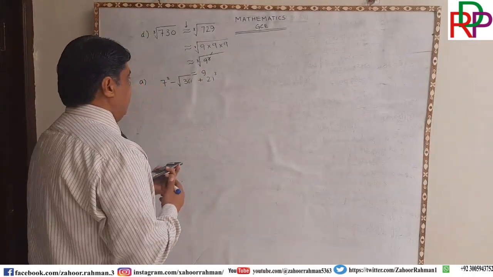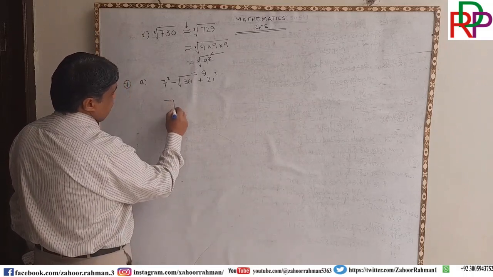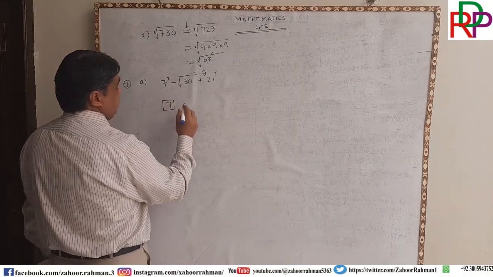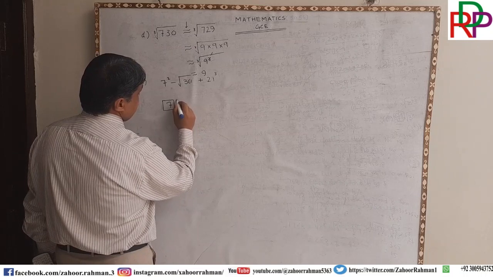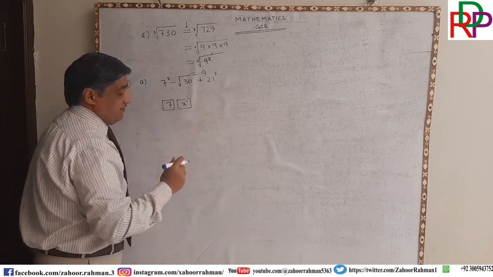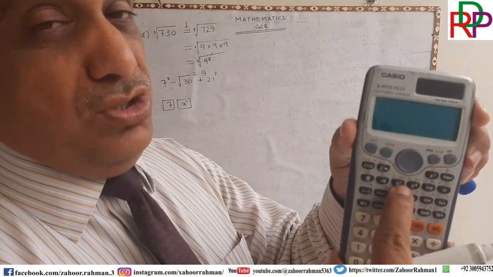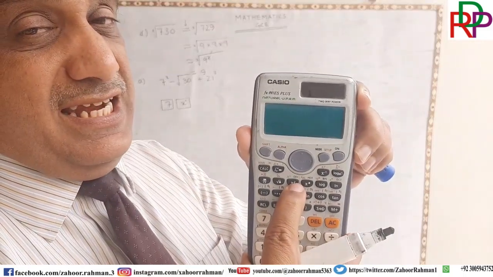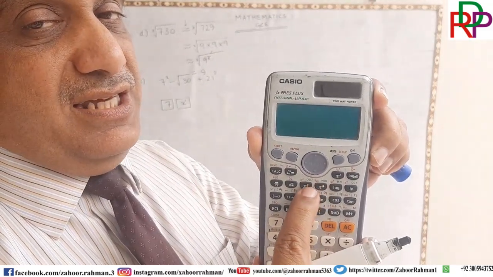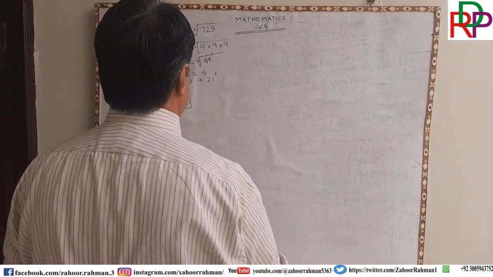First of all, I am writing the steps. The first button you have to press is 7, and then the second time you have to press x squared, which is available on the calculator. If I can show it to you, here there is x with a dot, but here it is x squared.